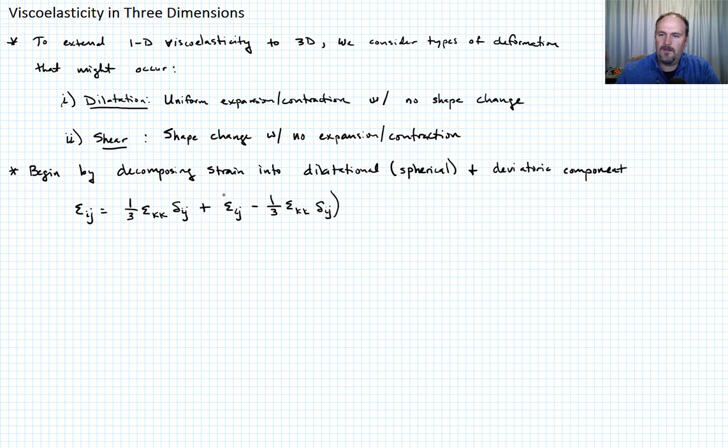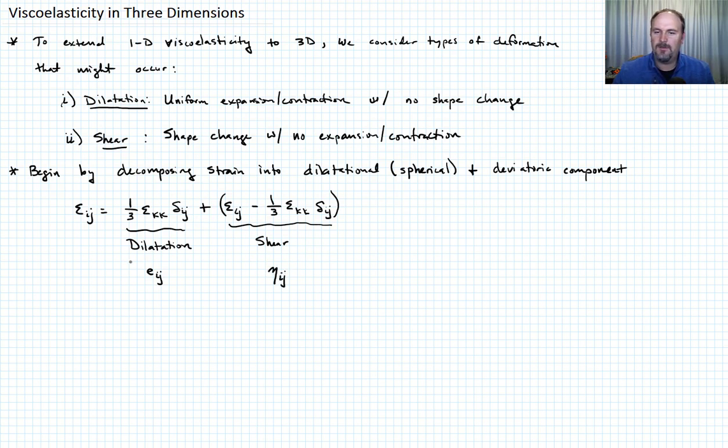I'm going to put a parenthesis around that so we know that that's a separate component. This component is the dilatational component, and we're going to call that E sub ij. And this is the shear component, the deviatoric, and we're going to call this eta sub ij.